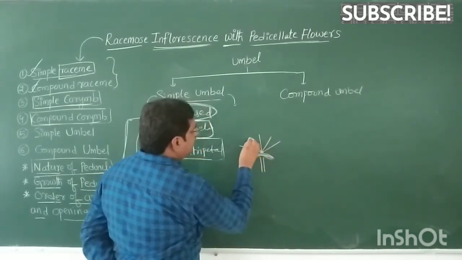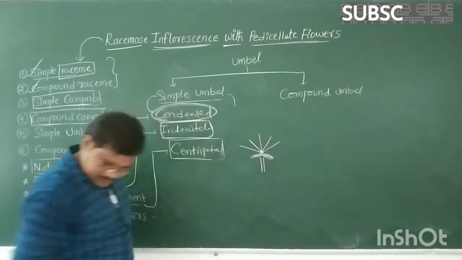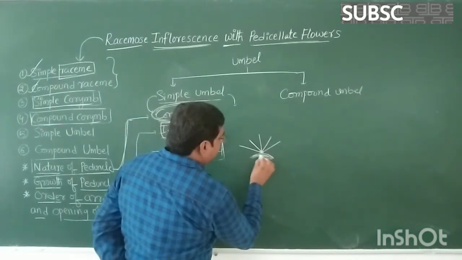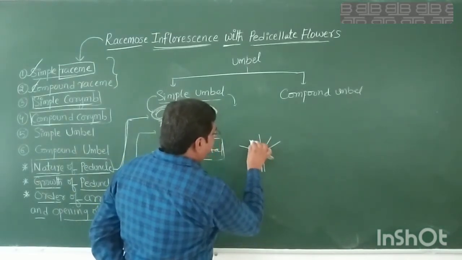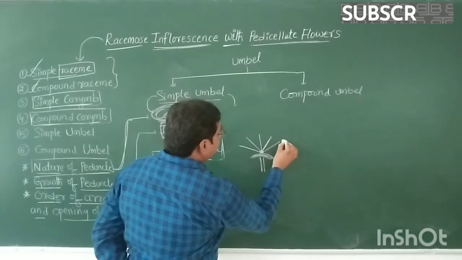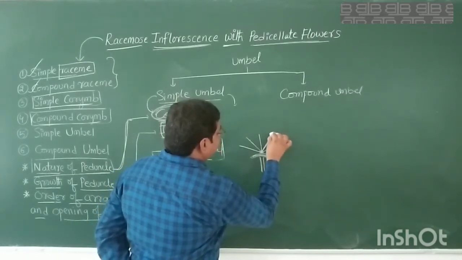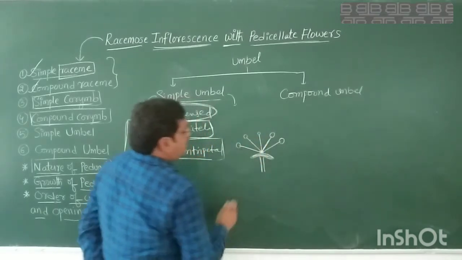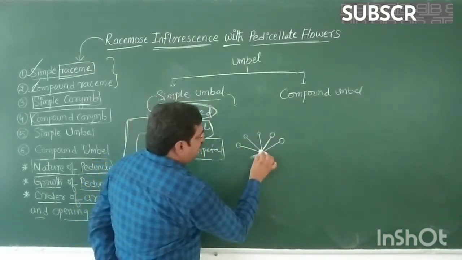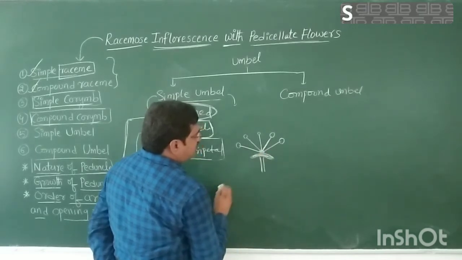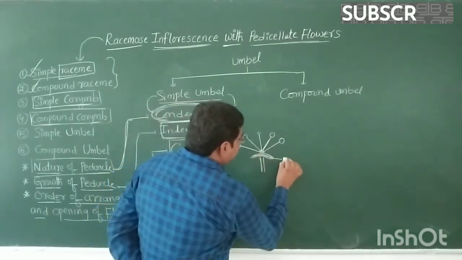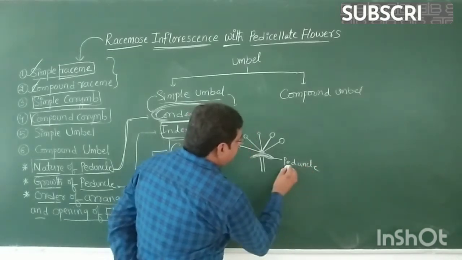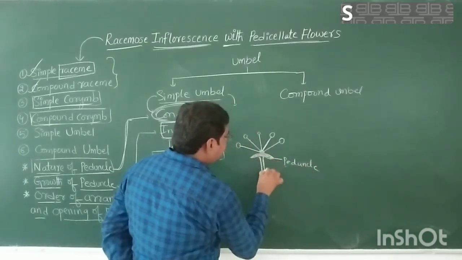This is a flower, this is a flower, this is a flower. Here all flowers originate at the same point. This peduncle is condensed to form the discoid shape.